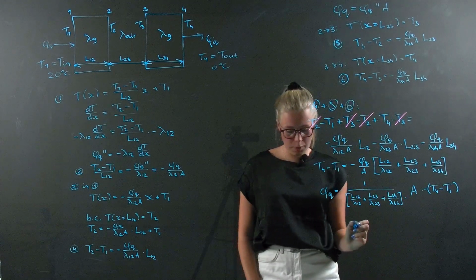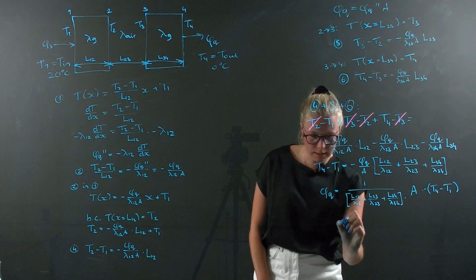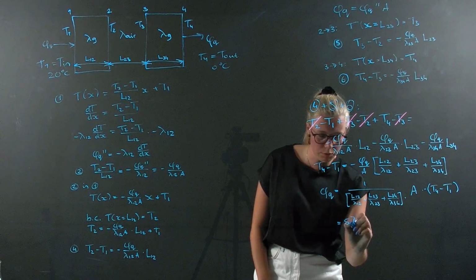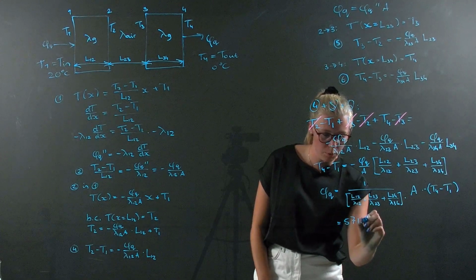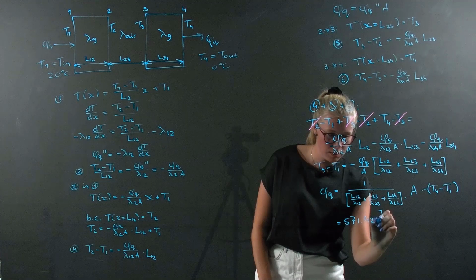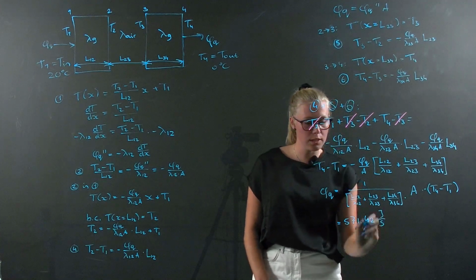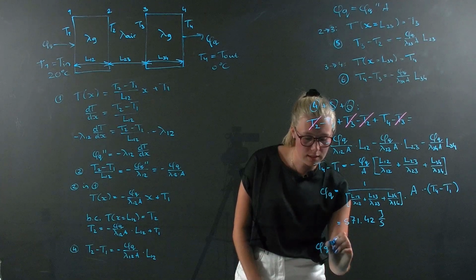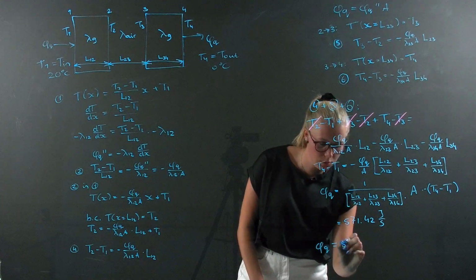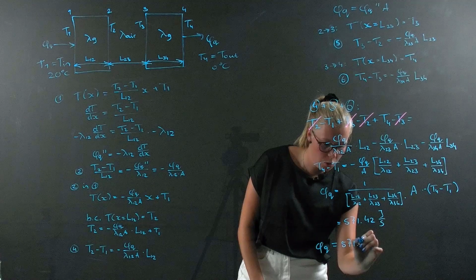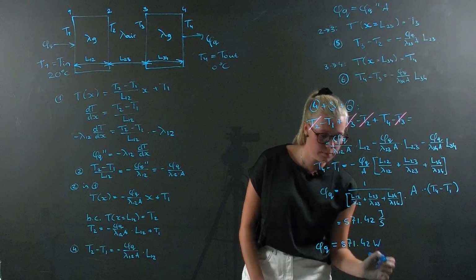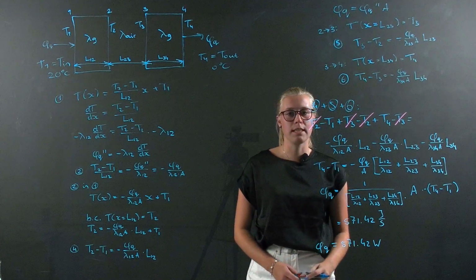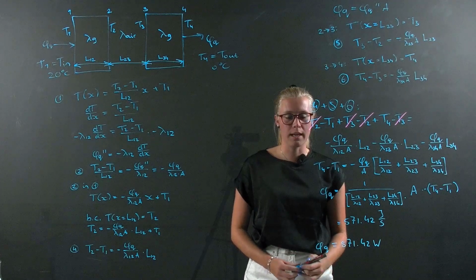Now next, if you fill in all the numbers, you will find that Φq is equal to 571.42 joule per second. Note that joule per second is equal to watt, so we find that the rate of heat loss is equal to 571.42 watt. Thanks for your attention and good luck with the following exercises.